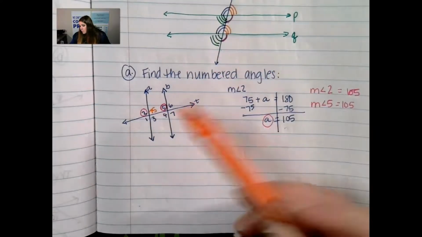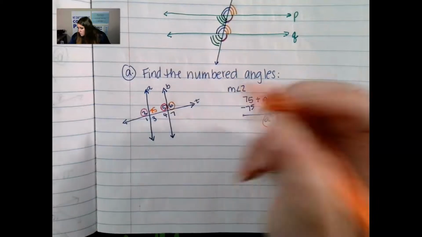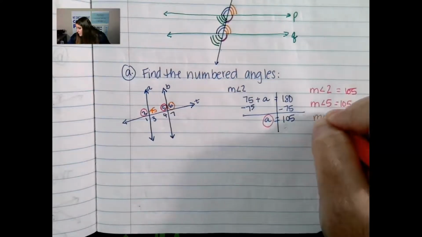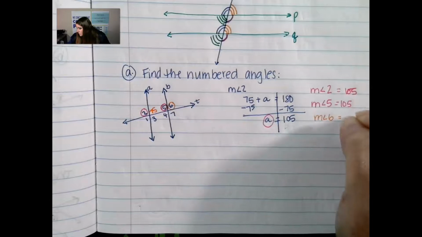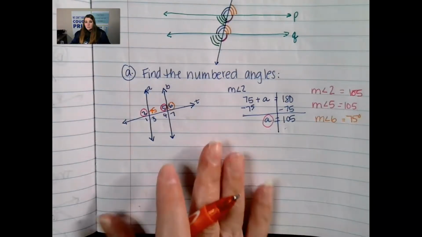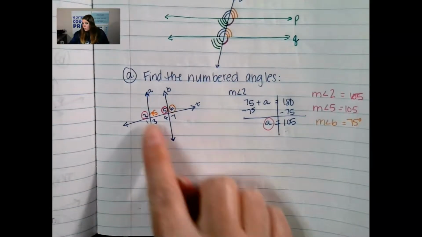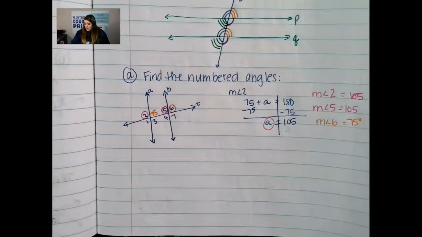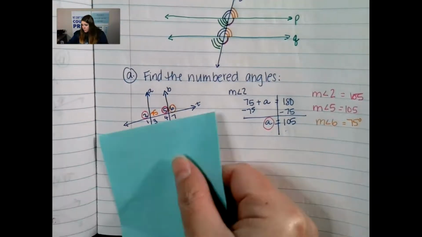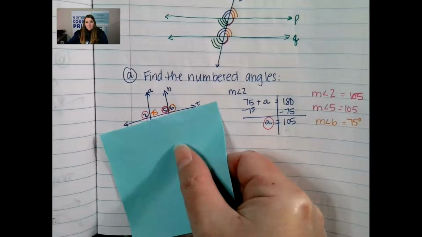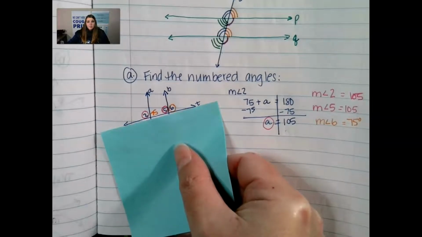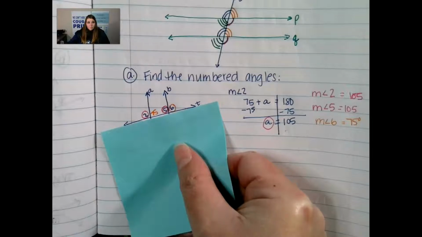So the measure of angle 6 is going to equal 75 degrees. Okay, so we've taken care of one whole side of the transversal, the top part of the lines. Now it's our job to take care of the bottom part.